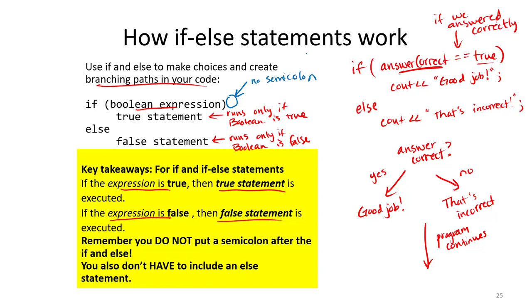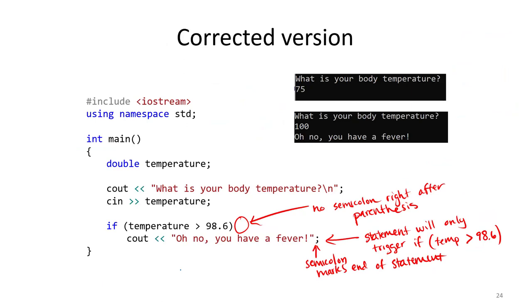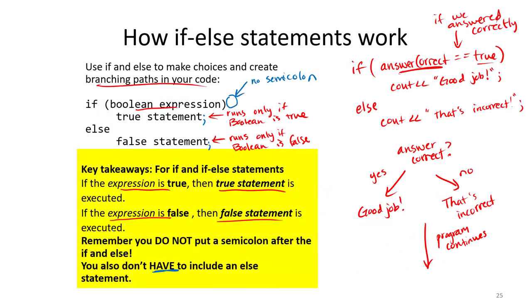But we do put semicolons after the true and false statements. Also, you do not have to include an else statement. Remember, we just covered the if statement where we simply have one check. But the else statement is needed if you want to choose between two possible outputs.